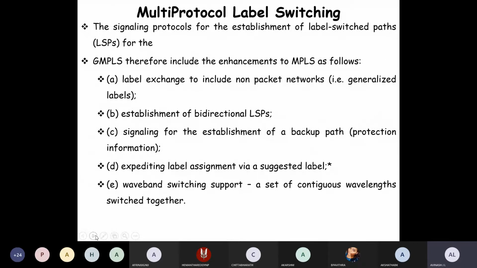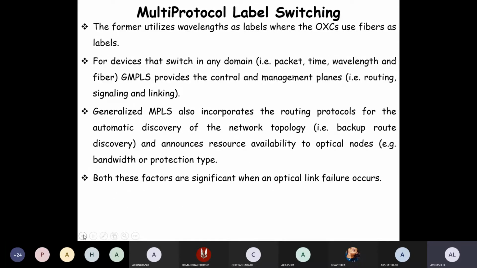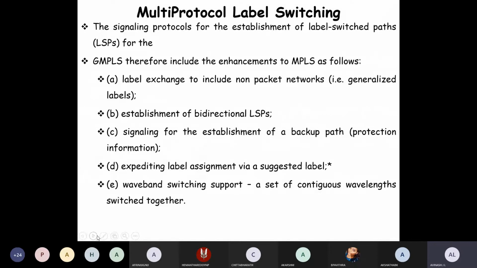The next part we need to understand is GMPLS, that means generalized MPLS. So there are some enhancements over MPLS. What are the enhancements? Label exchange to include non-packet networks, establishment of bidirectional LSPs, signaling for establishment of backup, expediting label assignment, and waveband switching support.